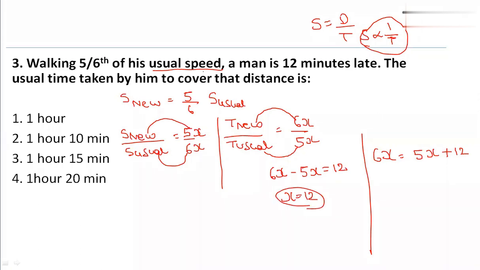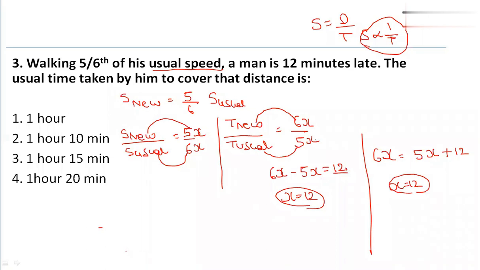So what are they asking us to find out here? The usual time taken by him to cover the distance. The usual time taken by him to cover the distance is nothing but 5x, right? So if you solve in any way, either writing new time equal to 5x plus 12, or otherwise the difference between the times is 12 minutes, because he is late by 12 minutes, anything will give you x equal to 12.